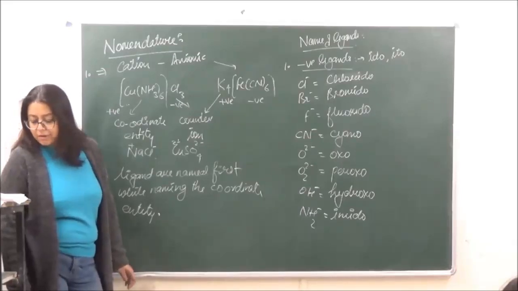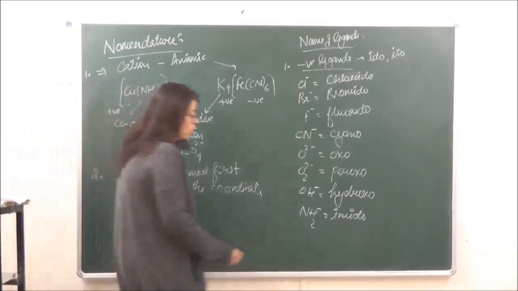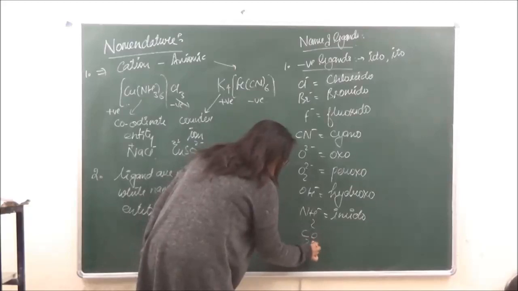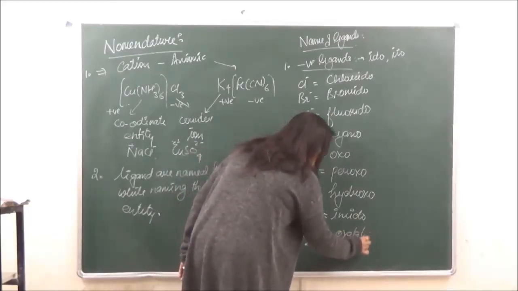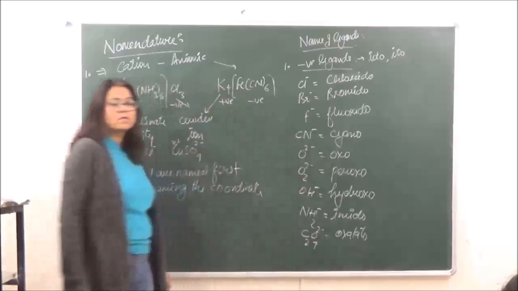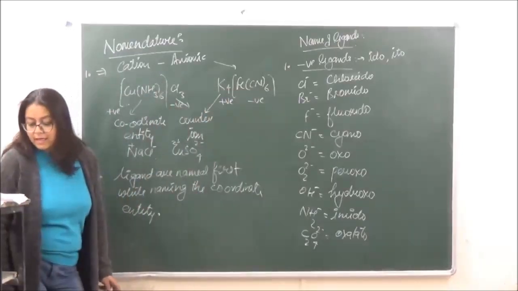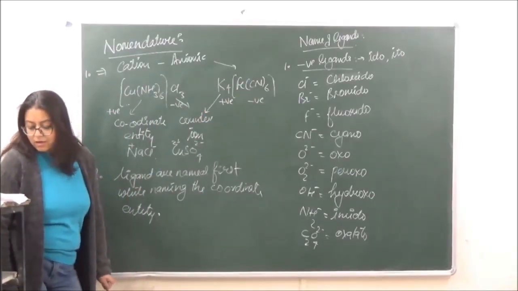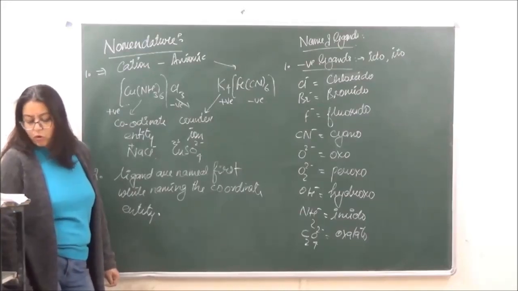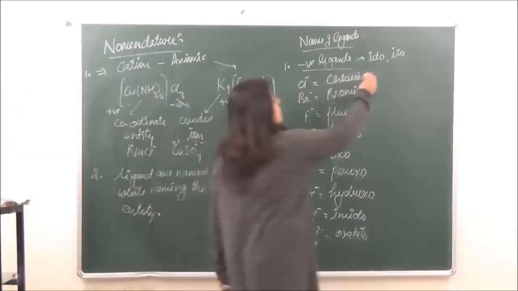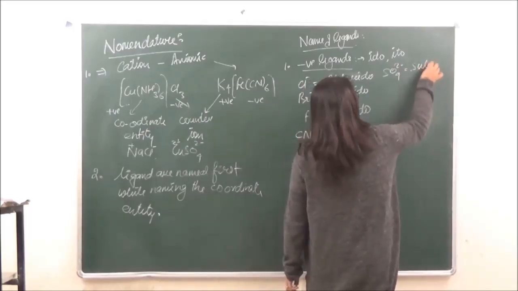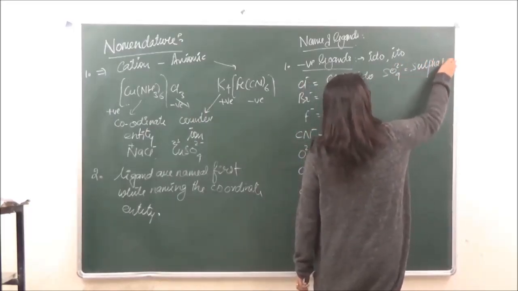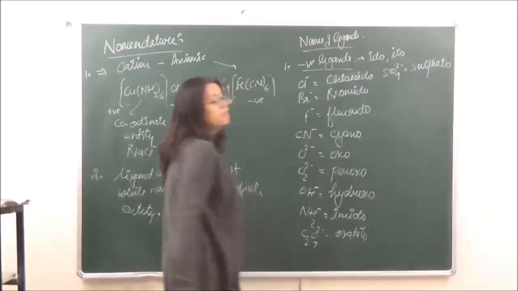And if we have C2O4 2 negative, this is named as oxalato, right? Then we have SO4 2 negative, then this is named as sulfato.